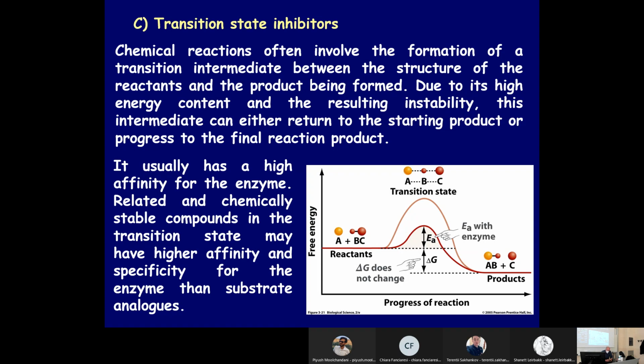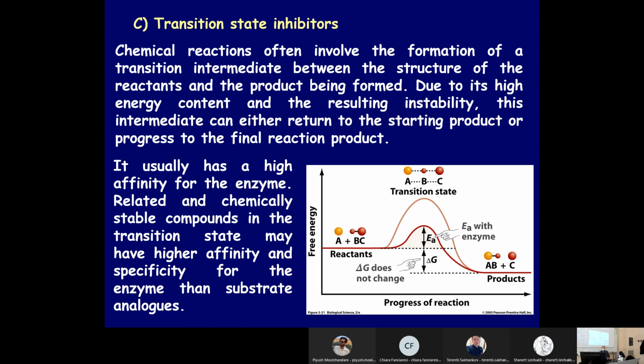If it's possible, we can start from the transition state of the enzyme. You see here in the picture reactants, transition state, and products.